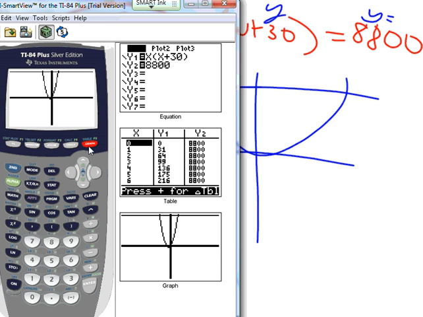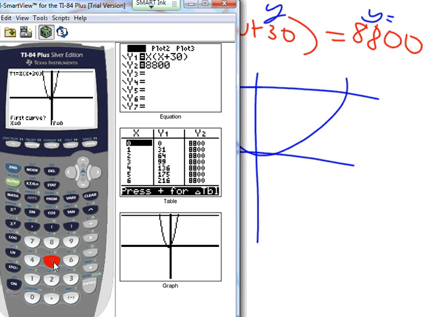I can see them crossing. Sometimes it takes you two or three tries to keep making it bigger and bigger. Generally speaking, go too big, because you can usually still see it if you went too big. If you go a little too small, you can't see where they cross. Now that I see where they cross, do you remember second calculate, intersect?